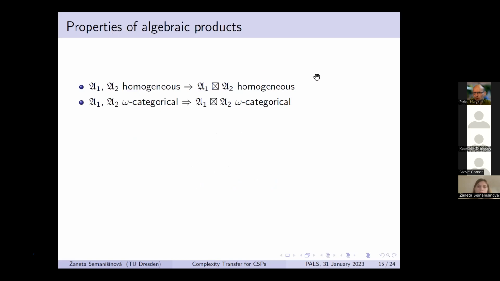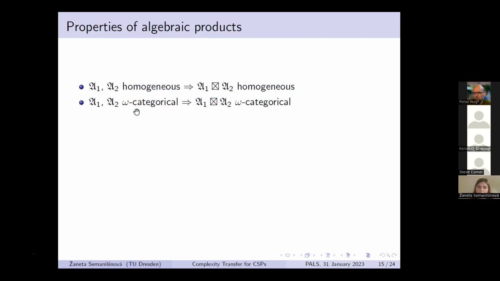So this was why we should care about polymorphisms, and now a bit more justification for why we should care about algebraic products. Why is this a good way to think about our Q structures with coordinate-wise relations? The reason is that algebraic products behave quite nicely. For example, if we have two structures that are homogeneous, in the sense that I already mentioned, then the product is also homogeneous.